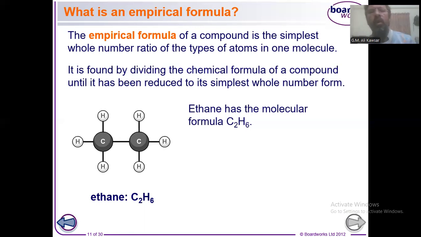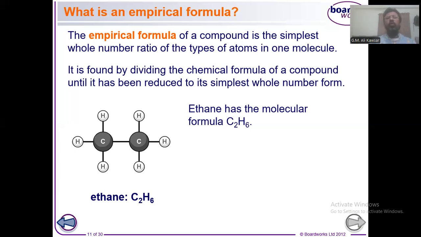But the empirical formula does not reflect the actual number of atoms, it rather reflects the simplest ratio. If we simplify C2H6, if we divide both numbers by 2, then you will get a 1:3 ratio. In a 1:3 ratio, the carbon to hydrogen ratio in ethane is made.